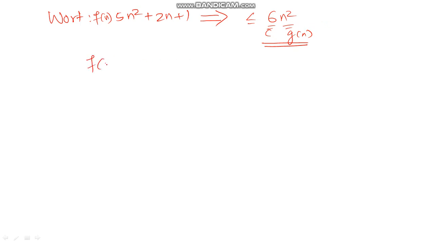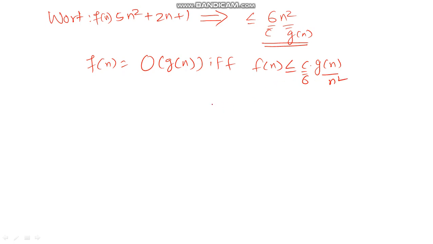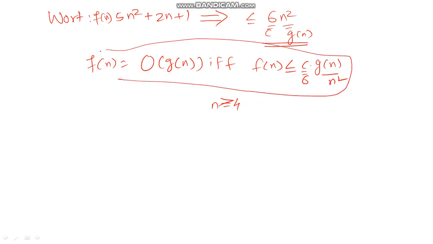We say f of n is equal to big O of g of n if and only if f of n is always less than or equal to c into g of n. If I take c equal to 6 and g of n equal to n square, then for n greater than or equal to 4, this function will always satisfy. That means I can say that the complexity of this bubble sort in the worst case is big O of n square.